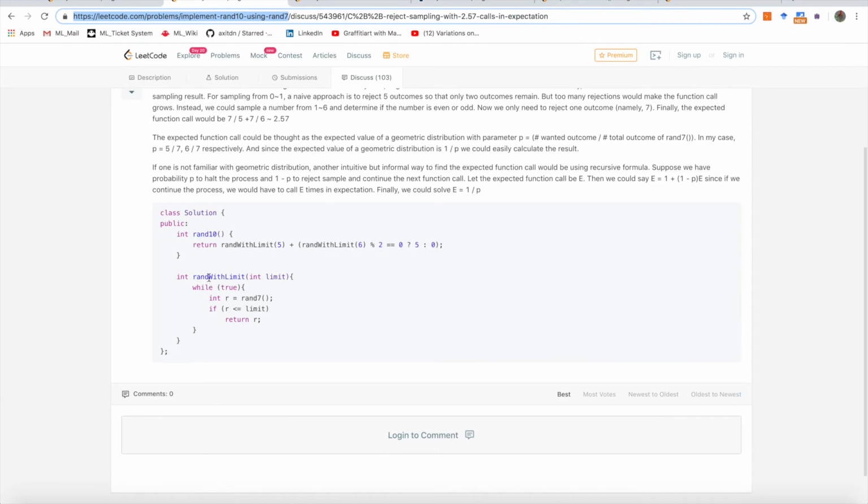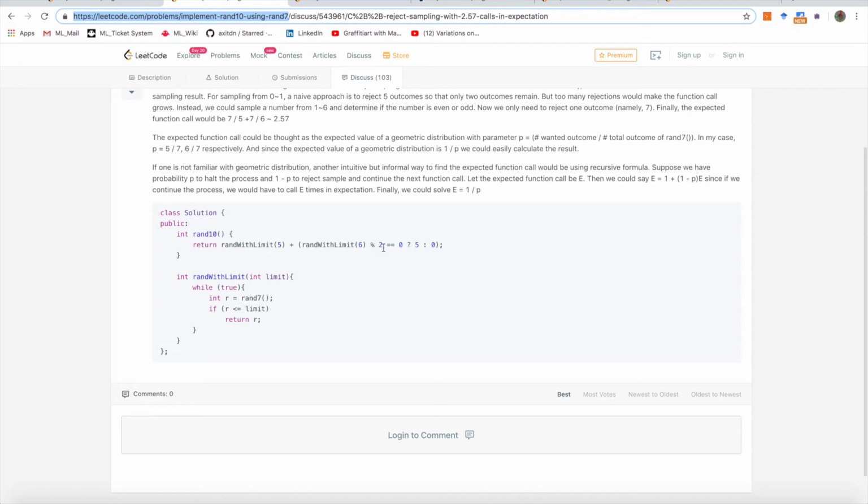So let's go to the implementation here. He's calling that function rand10, which calls rand with limit 5, plus, and here we do our modulo definition and see if it's an even or odd number. So rand with limit 6, and we only reject the 7, so to say.